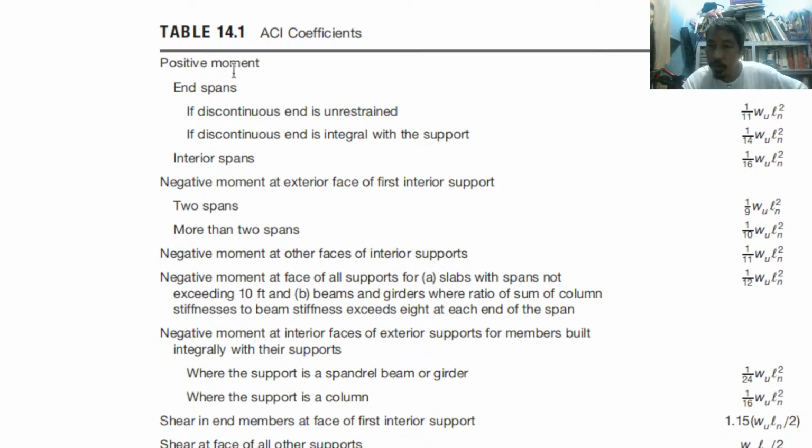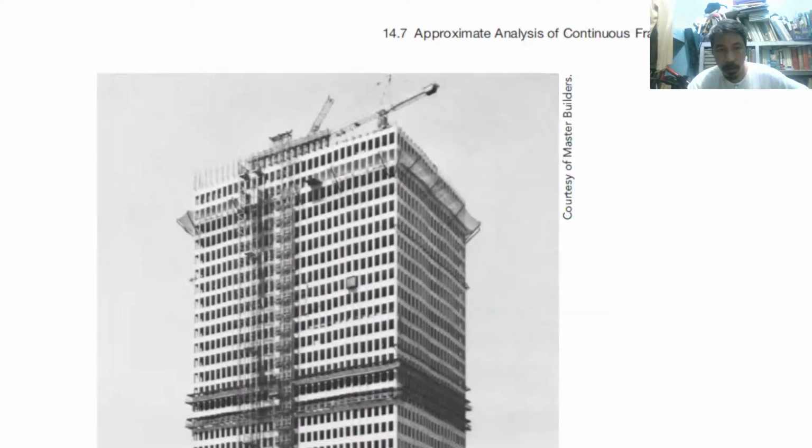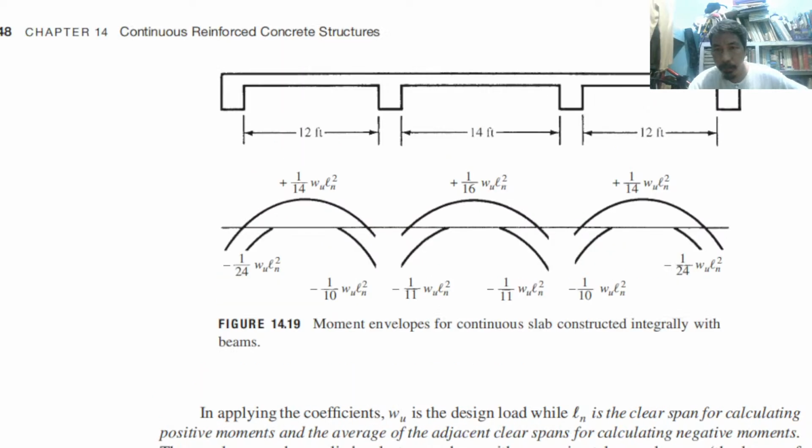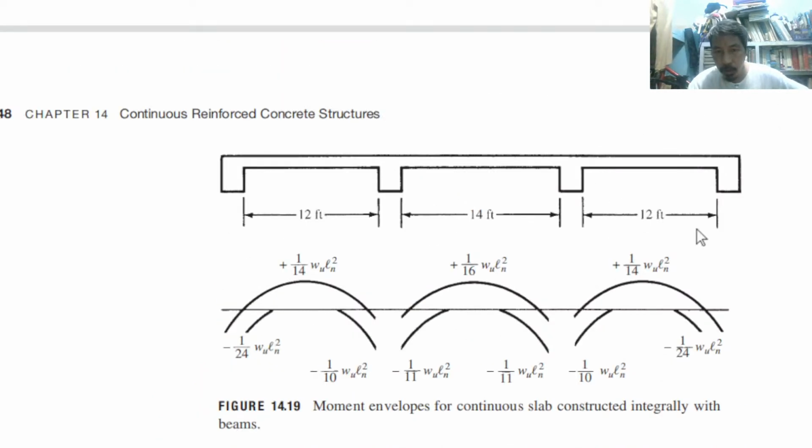Positive moment you usually see in end spans or interior spans. End span means the exterior one. In this example of a beam, this is what we call the exterior span, because this is the exterior side, the exterior of the building.